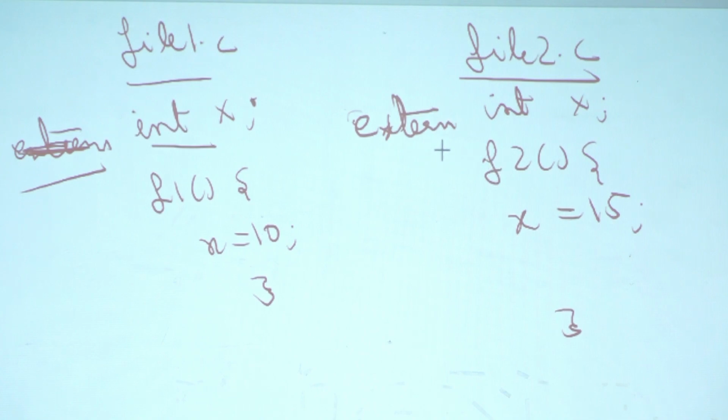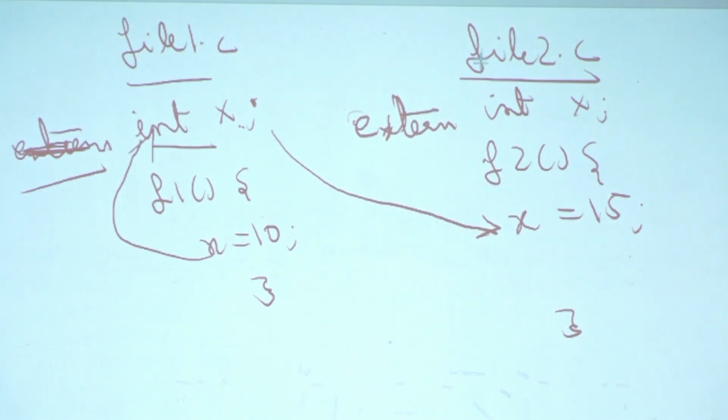So I have to say that this file is saying an extern, so then when you do this, the x equal to 15 is this x, the x equal to 10 is also this x. This file is indicating to the world, I am dependent upon an x which has to come from somewhere else, which has to come externally to me. It is not internally available to me, it is available externally to me. So that is the keyword extern and the circumstances under which this is used.